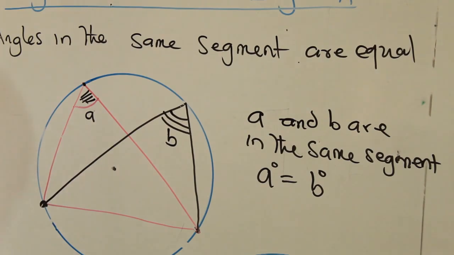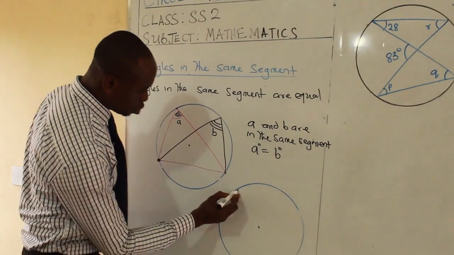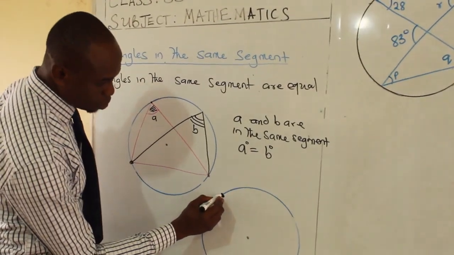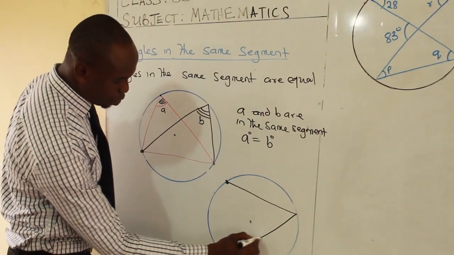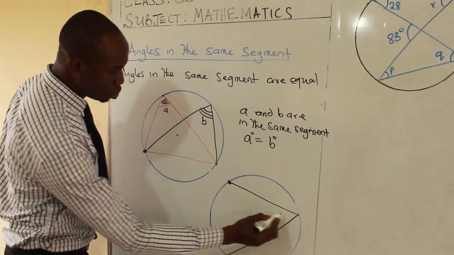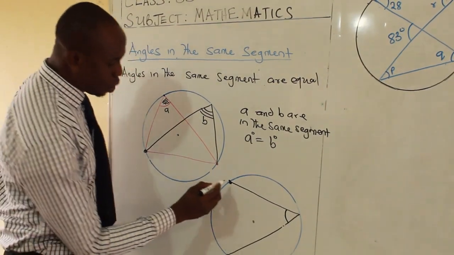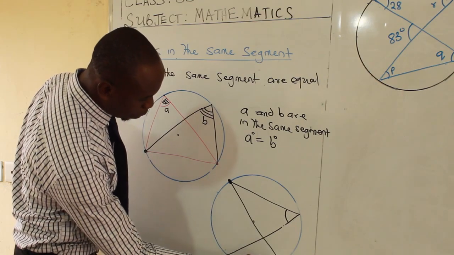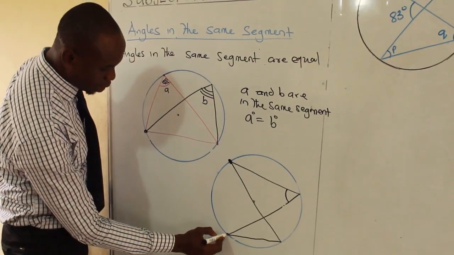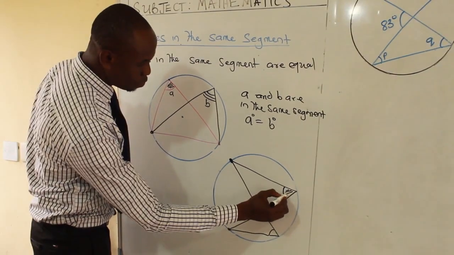I have another circle here. If I draw a line from one end of the circle to touch the circumference and I bring it back to another point, I have just formed an angle here. If I draw another line from this same end down to touch any other part of the circumference and back here, the angle formed here will always be equal to the angle formed here.